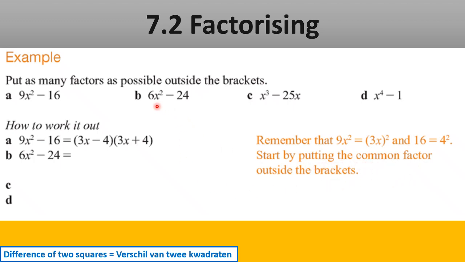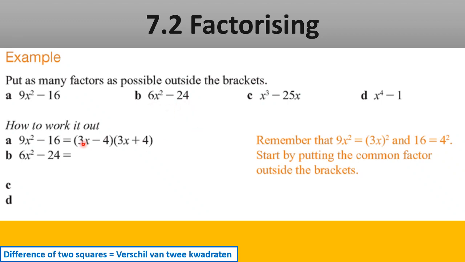What are the common factors of 6x squared and 24? Well, the common factors are, in this case, only a number, that's 6. Or if you write this down, 2 times 3 times x squared, and this is going to be 2 times 2 times 2 times 3. Is that correct? Yeah, that's correct.